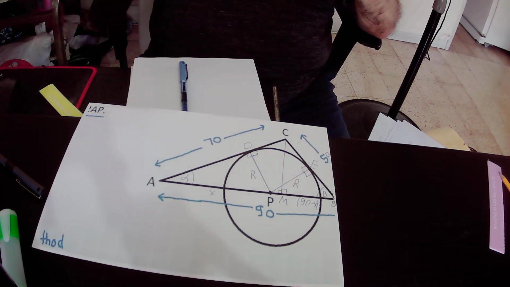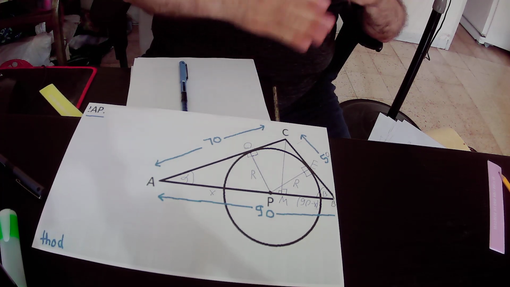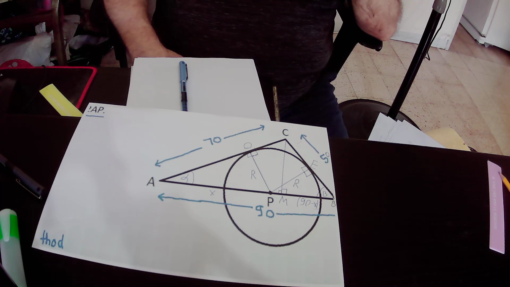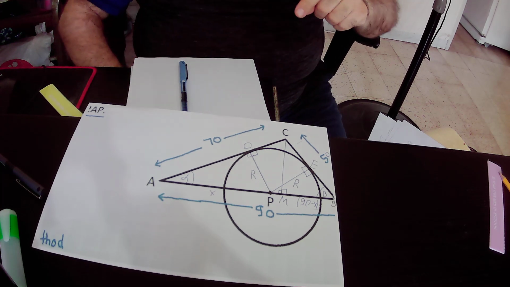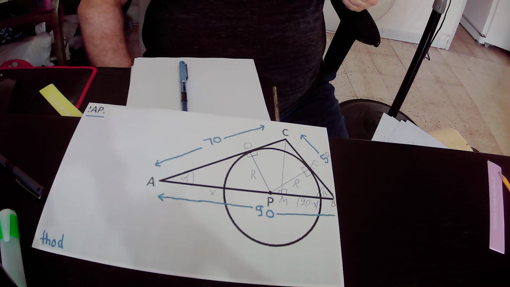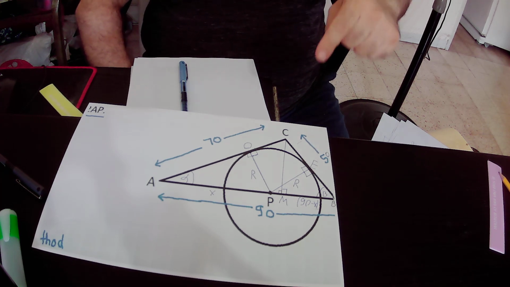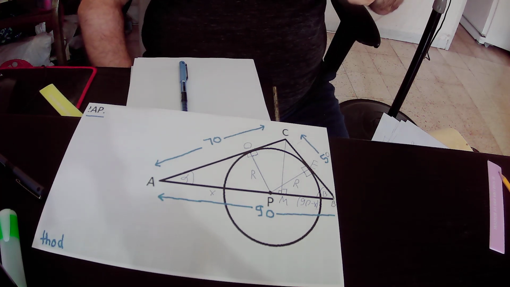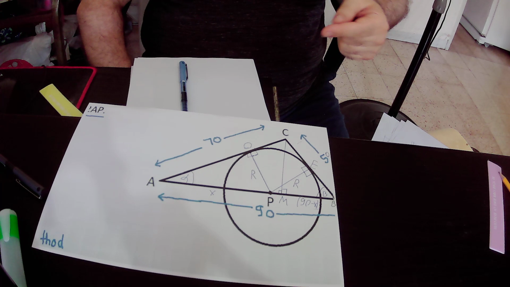So we actually have 2 tangents to this circle, and we have a rule that in any circle, a radius and a tangent are perpendicular to each other.